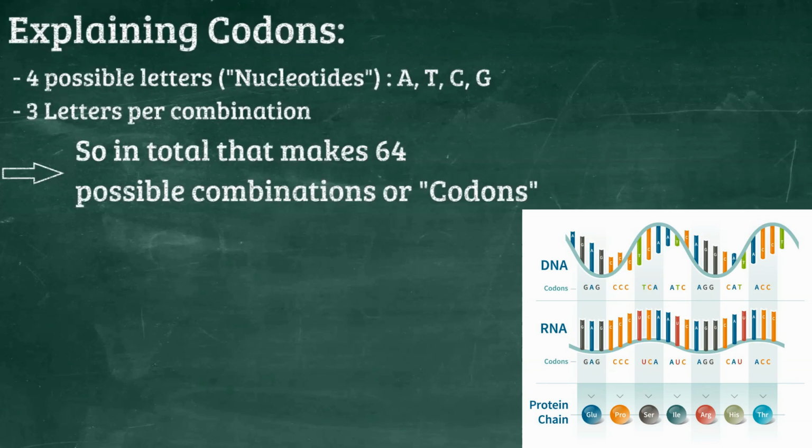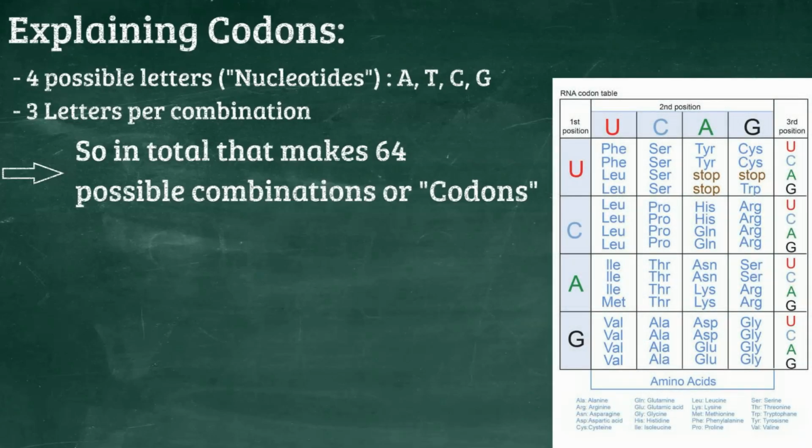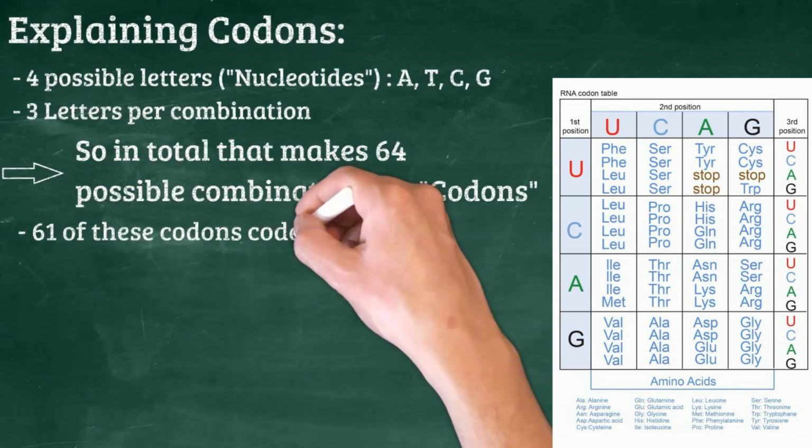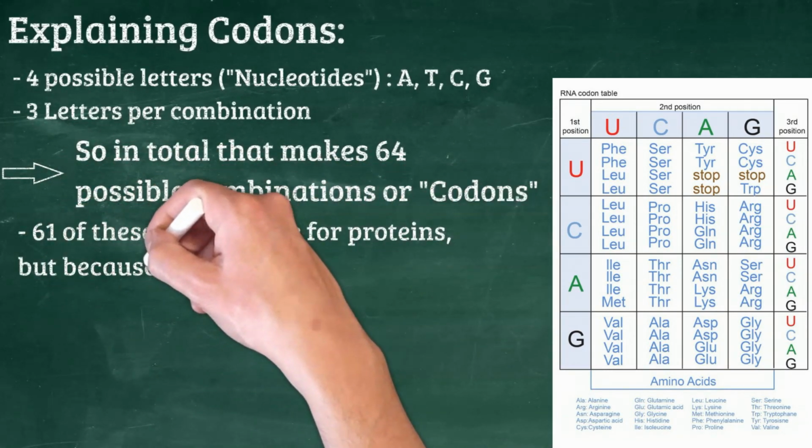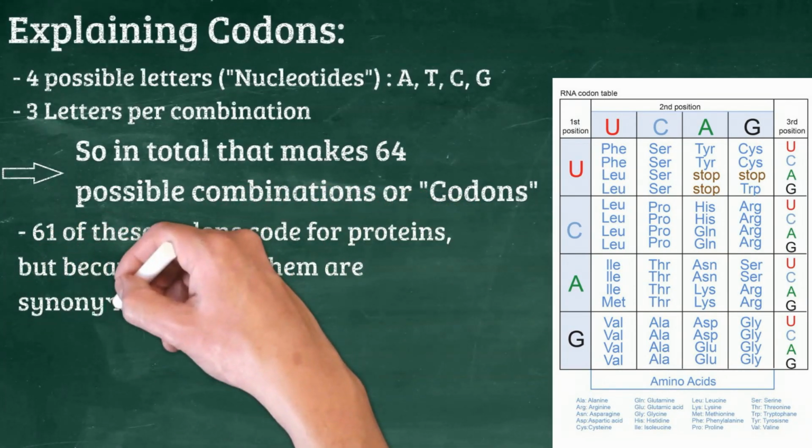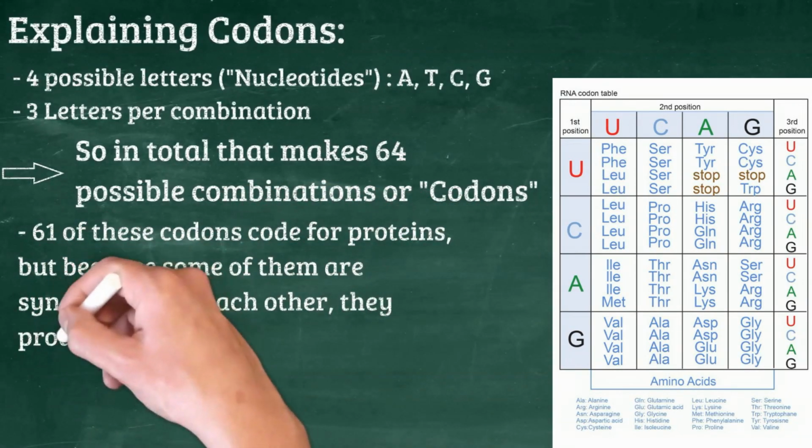But some of those words have similar meaning. So those 64 words do not give 64 different meanings each. No. 61 of them have synonyms, and when you take, for example, these 6 codons that have the same meaning, you count them as 1.